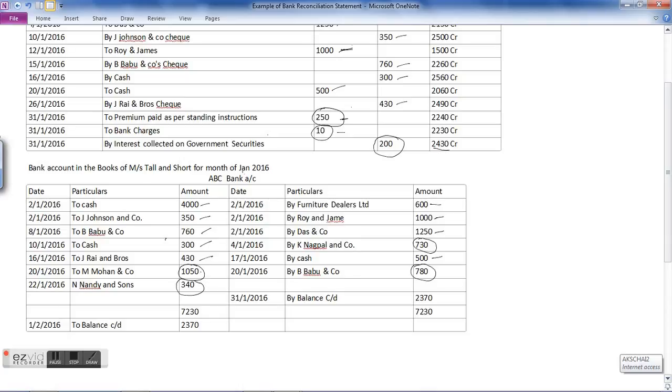These are checks which are received from M Mohan and Company and M Nandi and Sons and Company. We have received the checks and deposited them in the bank, but they have not been cleared by the bank. These two transactions, correct? So now let's go to our bank reconciliation statement.